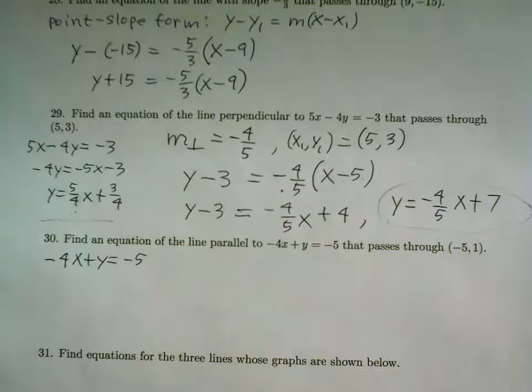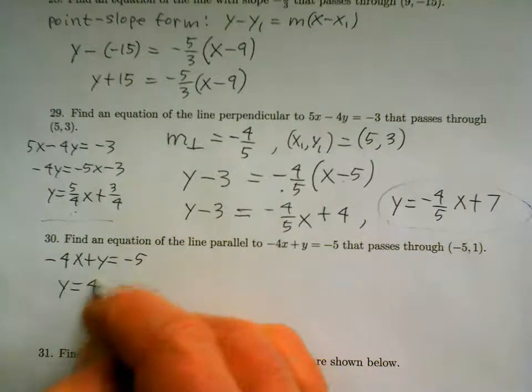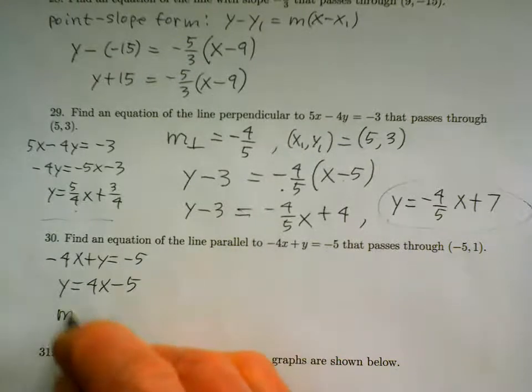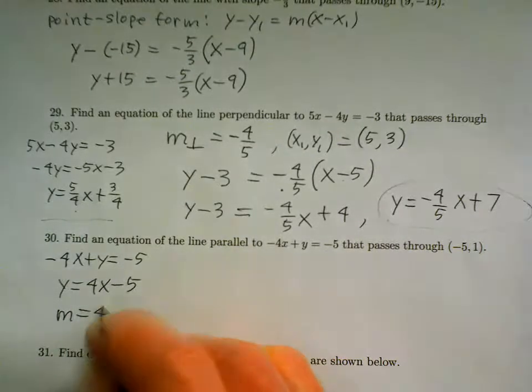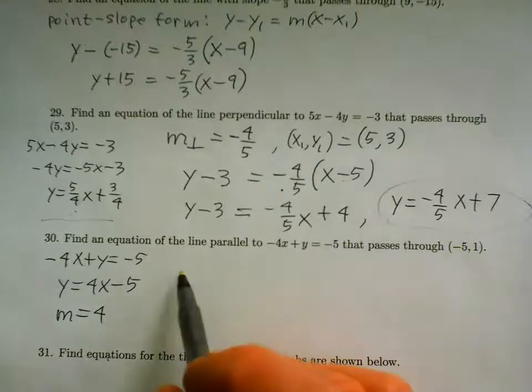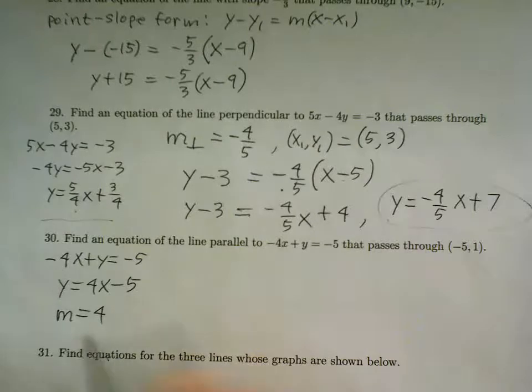Solve for y by adding 4x to both sides. We get y equals 4x minus 5. The slope is, well, informally we say the slope is 4. What we really mean is 4/1, rise over run. Okay, so the slope of the parallel line is the same, m equals 4.